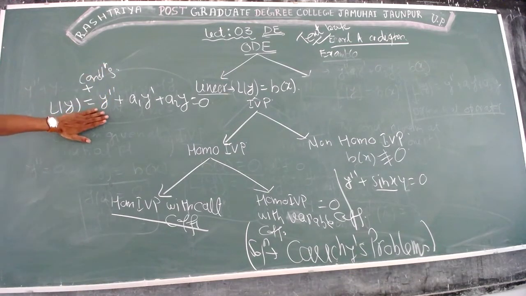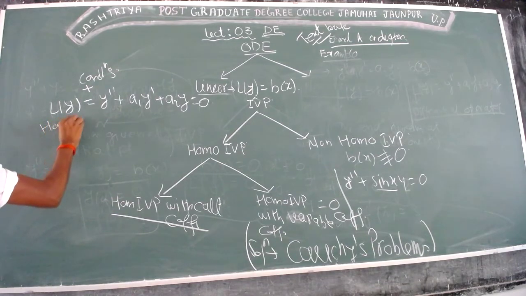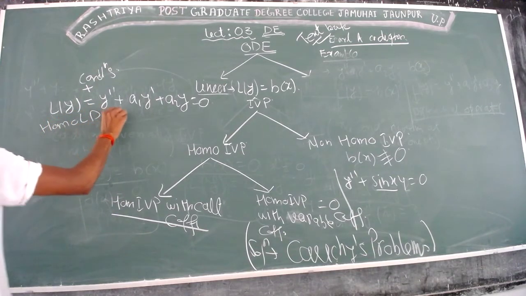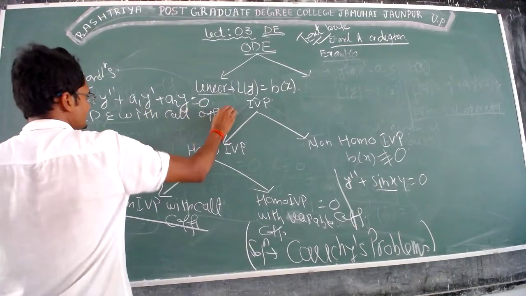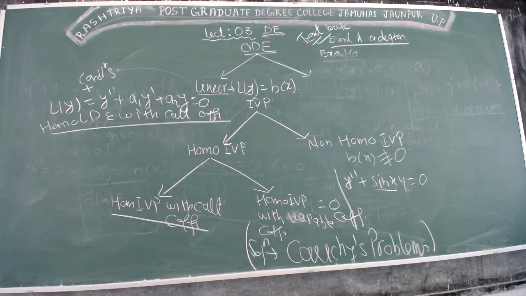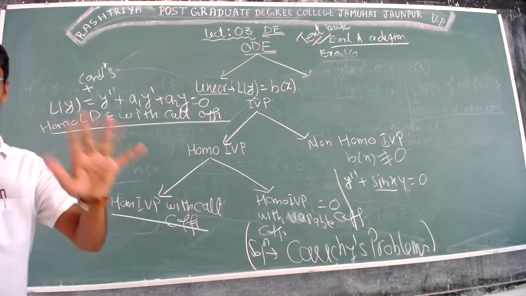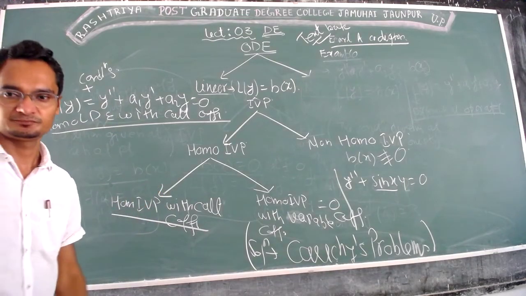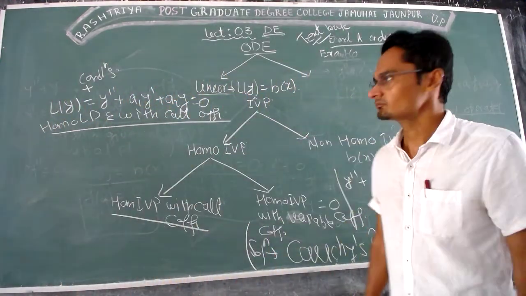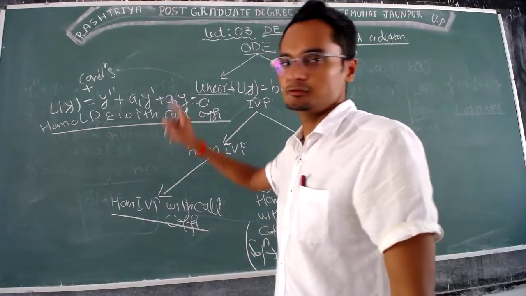This is a homogeneous linear differential equation with constant coefficient. Why? The coefficients a1 and a2 are constant. They are not variable.